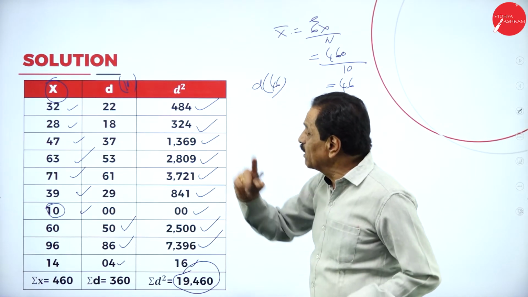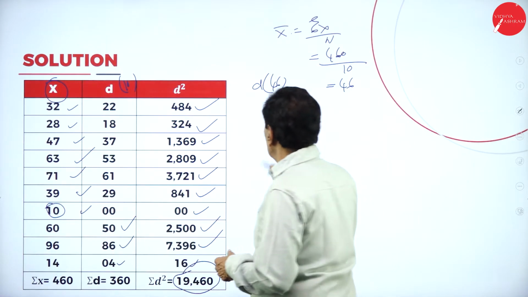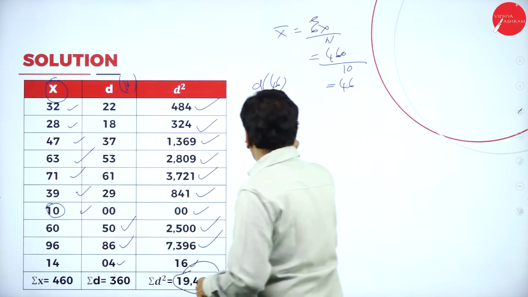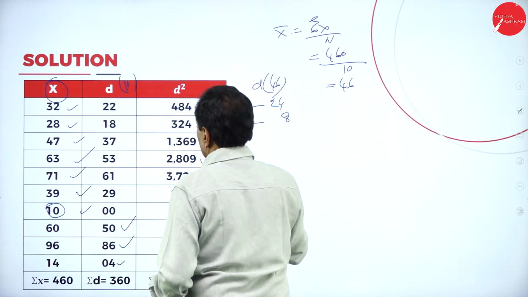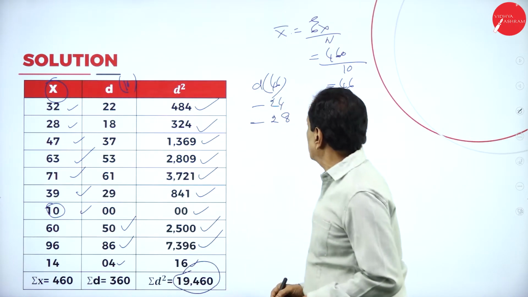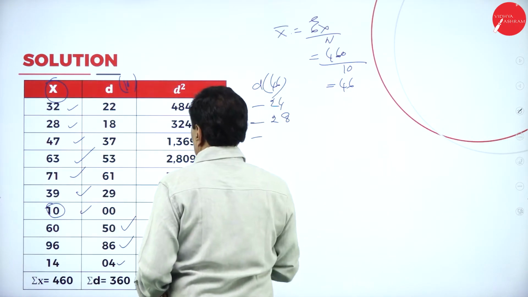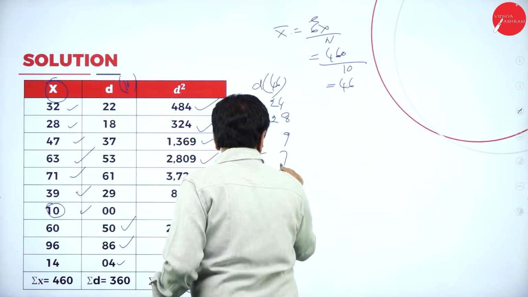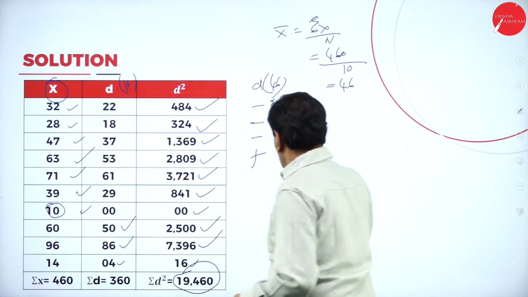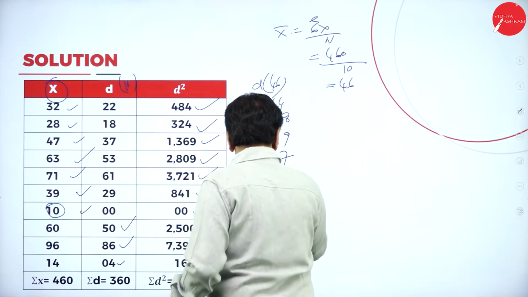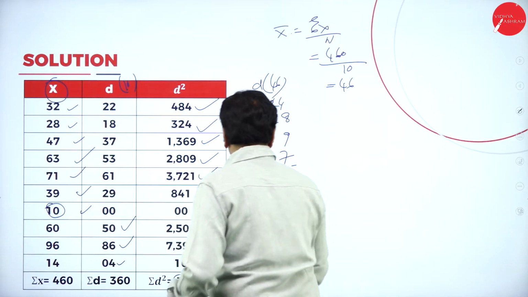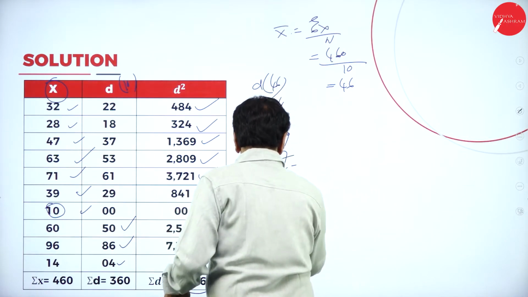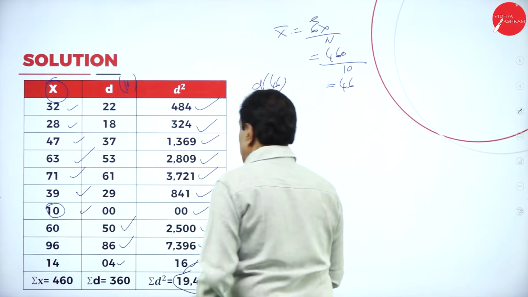Assume. What is the first number? 32. How much has come down? Minus 24 for 22 base; 28, how much has come down? Minus 18. 47, how much more? Plus 1. 63, how much more? 17. 71, how much more? 25. 39, how much has come down?